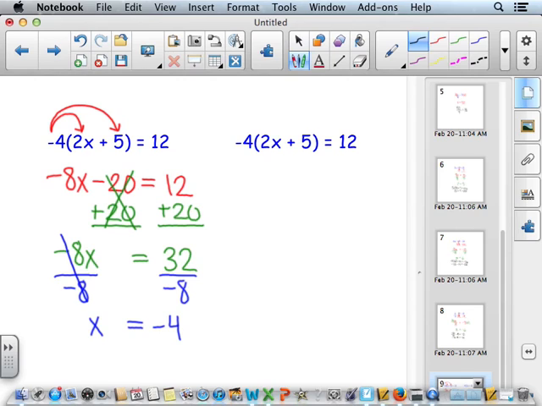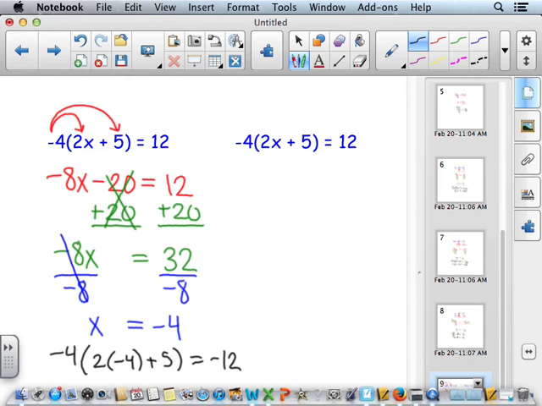When I check, I will replace x in my original equation with negative 4. Negative 4 times 2 times negative 4 plus 5 equals negative 12.